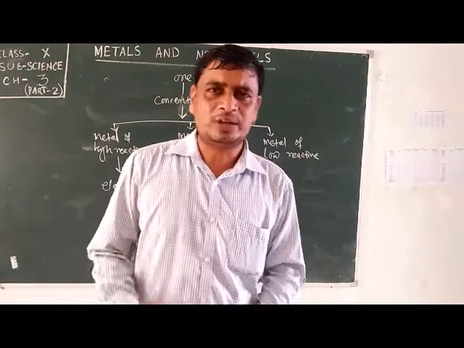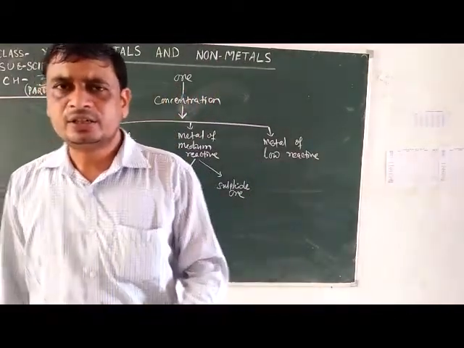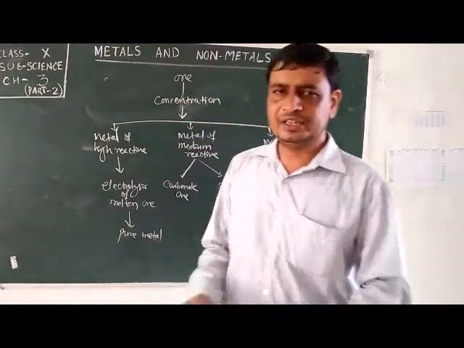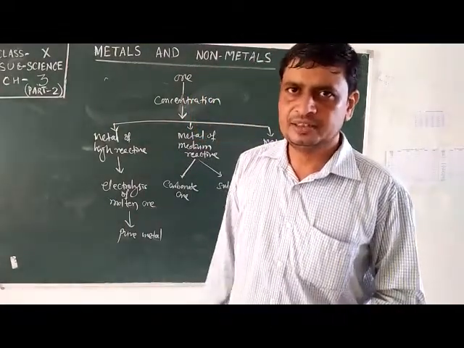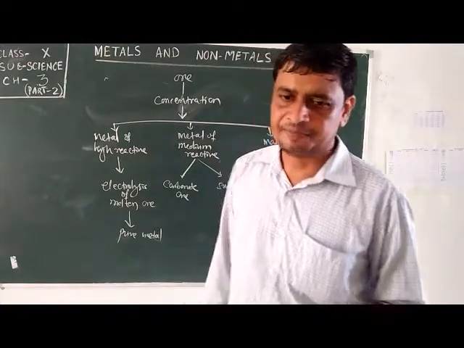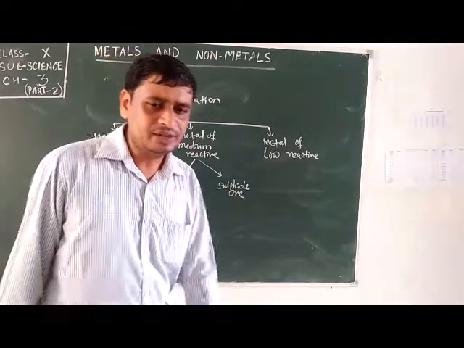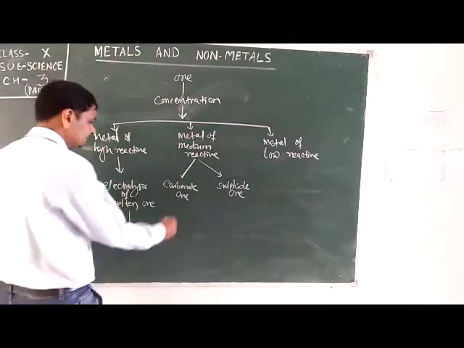If it comes into oxide form, then it is easy to remove oxygen from that metal to get the metal by reduction method. So, if it is carbonate form, then we have to follow calcination.